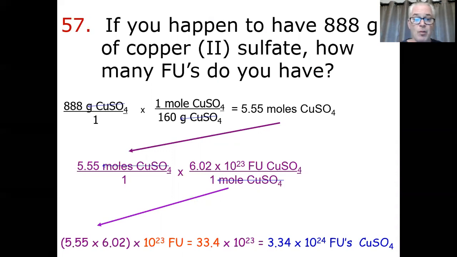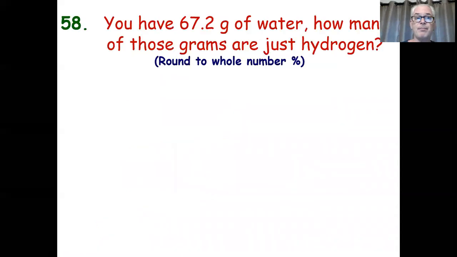So this is going to equal 33.4 times 10 to the 23rd, but 33.4 is no good. We have to make it less than 10, so we make it 3.34. We make it 10 times smaller. We have to make the exponent 10 times bigger to keep it even. 3.34 times 10 to the 24th formula units.